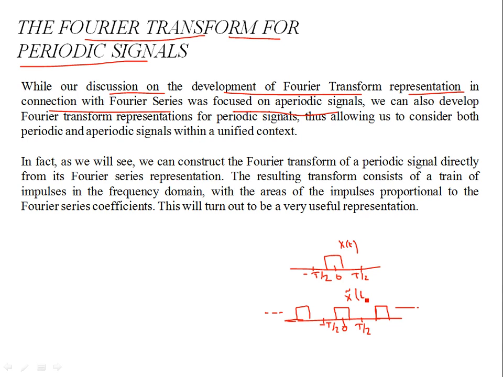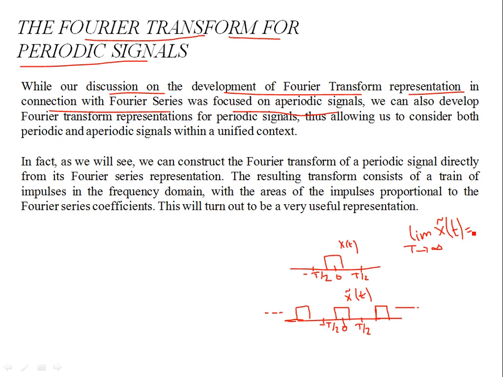So x(t) is the limit of x tilde(t) as T goes to infinity. As the period goes to infinity, x tilde(t) can be viewed as x(t). There's no difference between an aperiodic and a periodic signal.